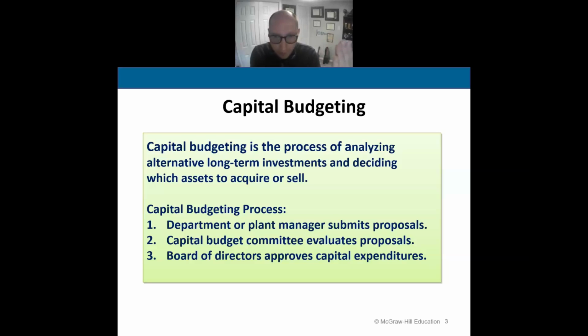We decide which assets to acquire or sell, and we decide which projects we want to do. And all of that's part of the capital budgeting process. So it goes like this. There's 3 steps to capital budgeting. The first is the department or plant manager submits a proposal.